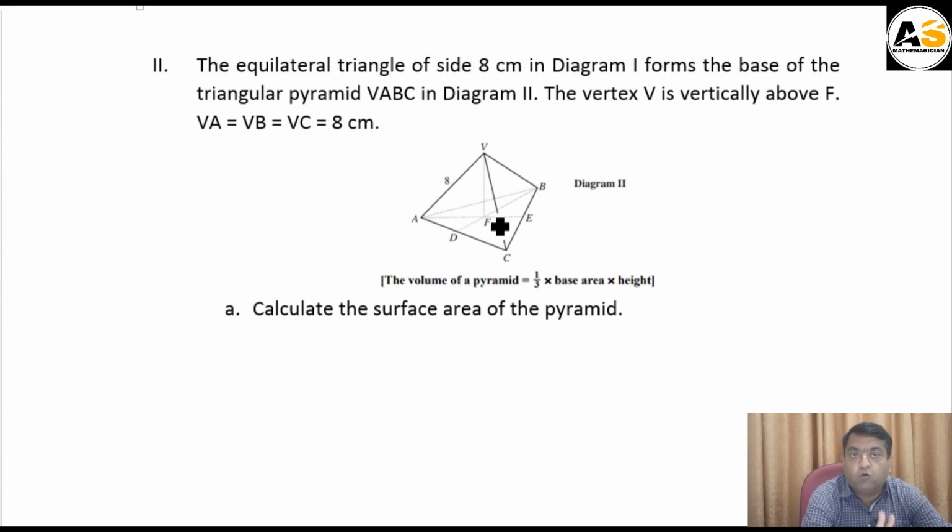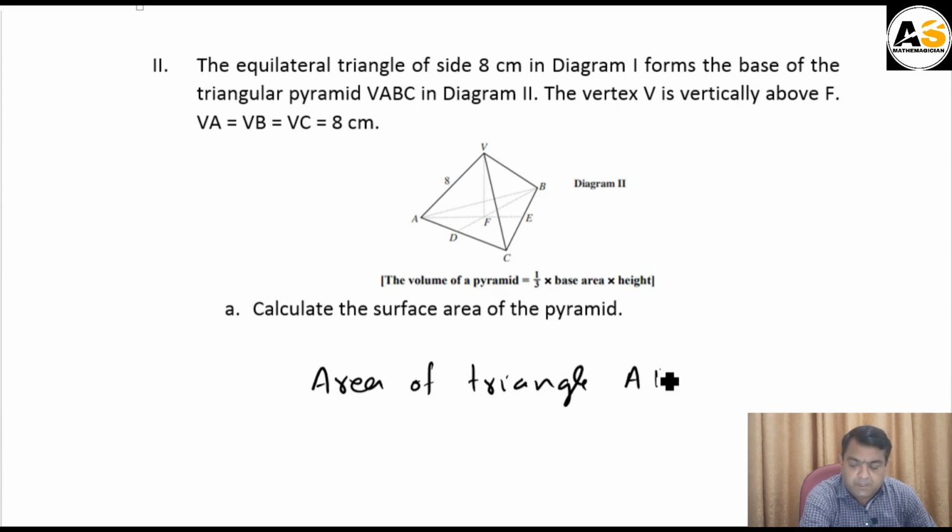This pyramid has 4 faces and each face has area equal to the area of triangle ABC, which we calculated in part 1. As we calculated in part 1, this was basically 27.7 centimeters square.